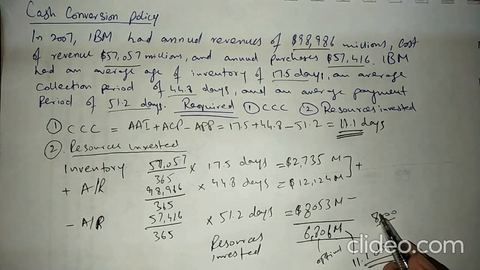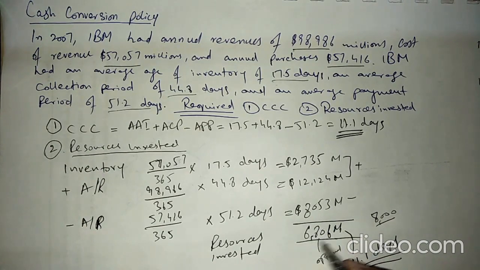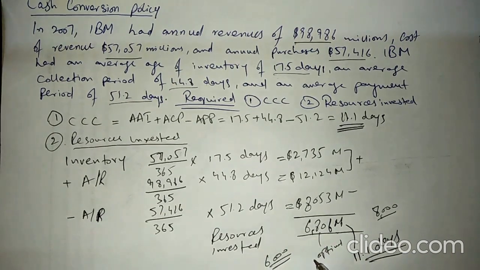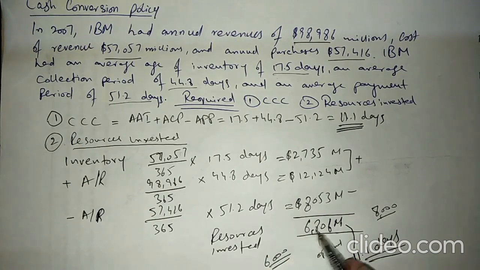The second scenario is if IBM maintains 6,000 cash for working capital management, less than the optimal, then in this case the company will not be able to pay on time to all their suppliers. Company will not be able to pay all their accounts payable on time.